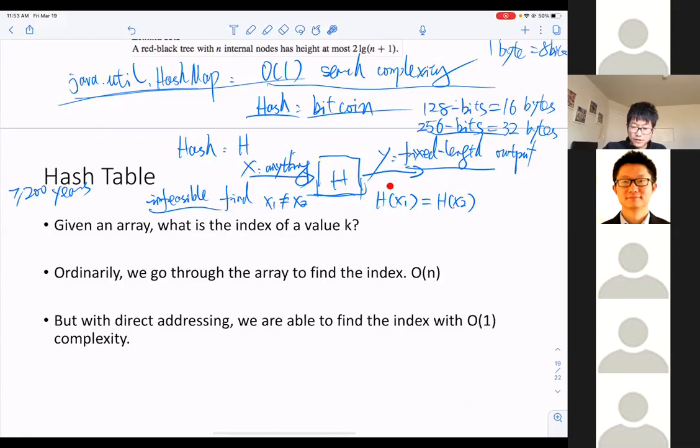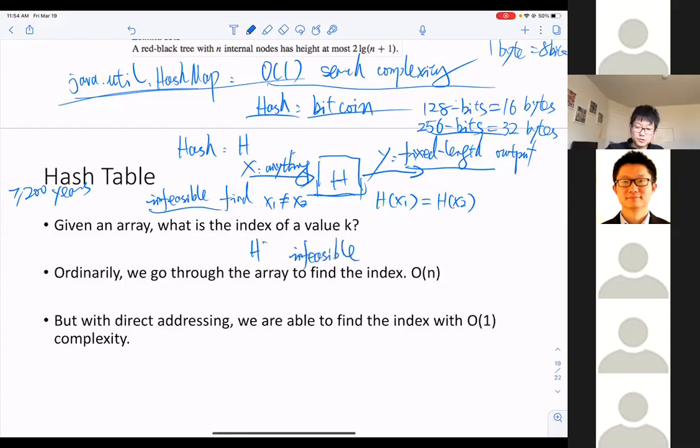The third property is that given x, you can easily find y. You just feed x into this function and it gives you the output very quickly. But if you only know y and you want the inverse of this function, that is also computationally infeasible.